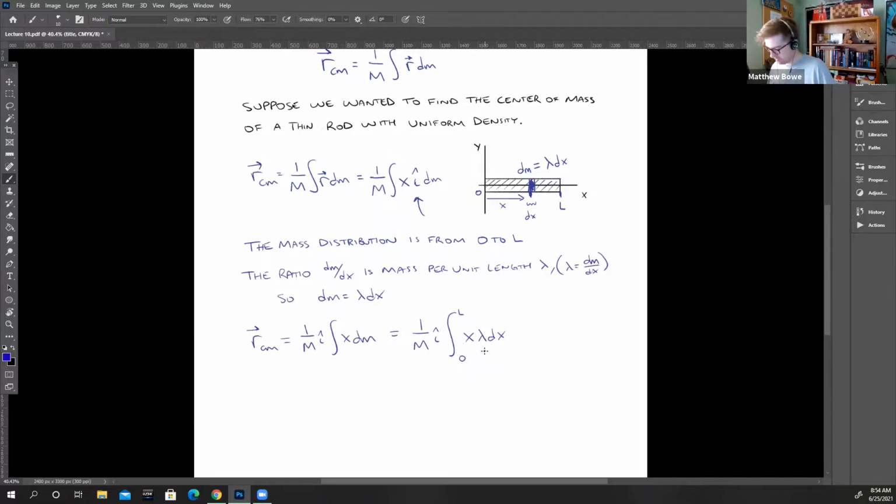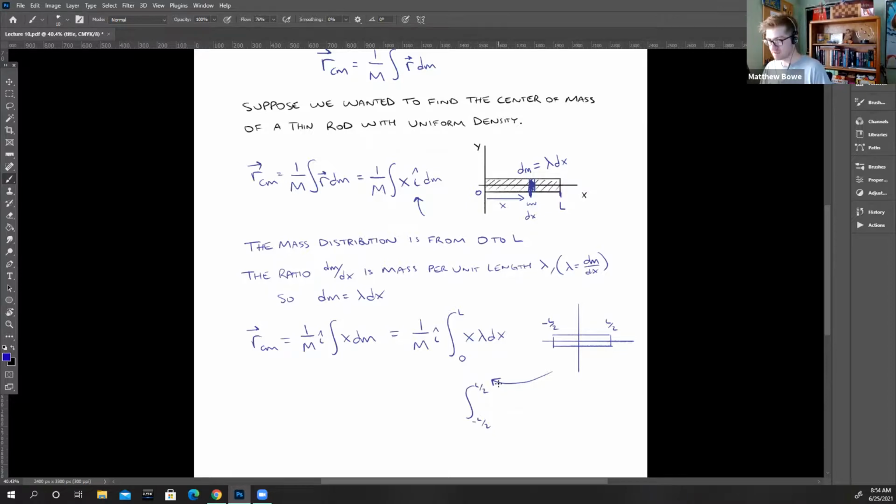Hopefully at this point you see that the limits of integration right here are 0 and L, and maybe now you can see why I have arranged the rod this way, off center. Let me do a little sketch I'm going to erase in a bit. If I put the rod in the center like this, it would have been from minus L over 2 to L over 2, and so our interval of integration would be minus L over 2 to L over 2.